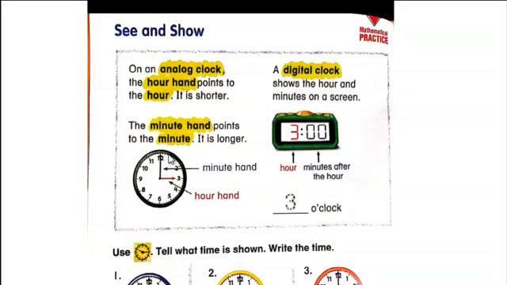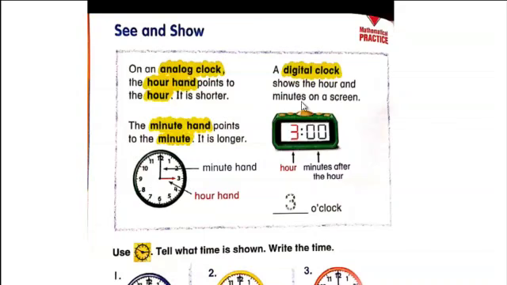The little tiny lines are called the minutes. So in 1 hour there are 60 minutes. Here 1, 2, 3, 4, 5 minutes, 6, 7, 8, 9, 10 minutes, 11, 12, 13, 14, 15 minutes, and so on.